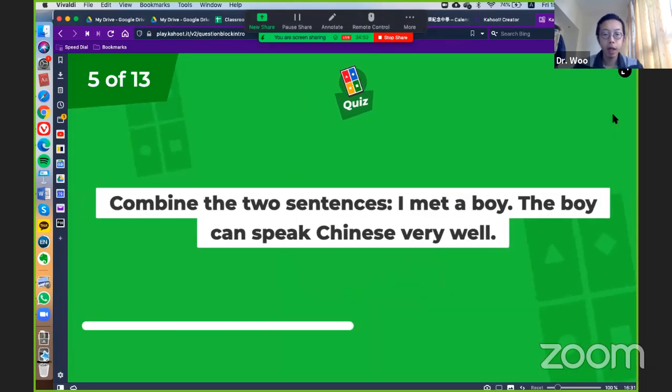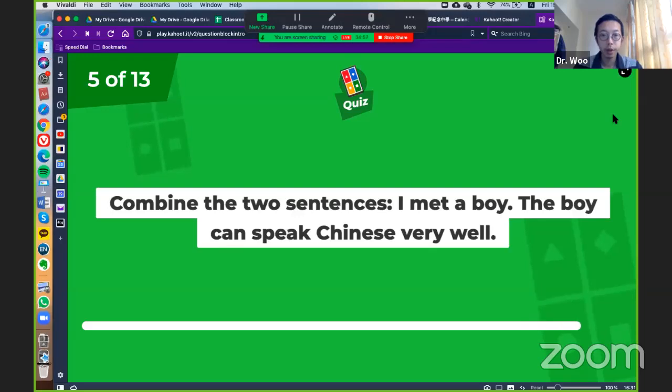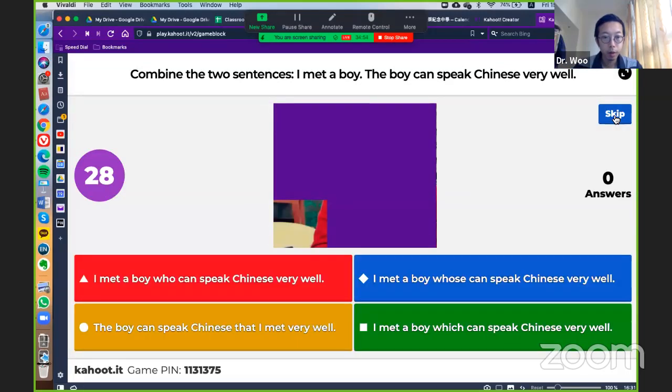Five. Combine the two sentences. This time it's a person, the boy.